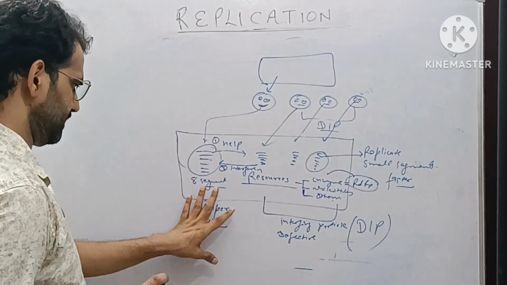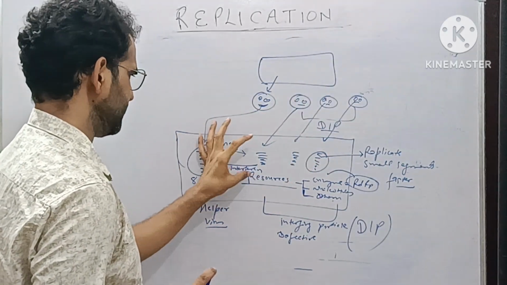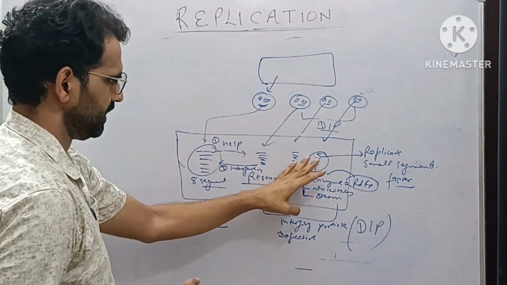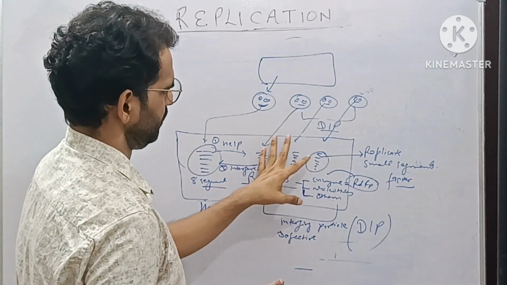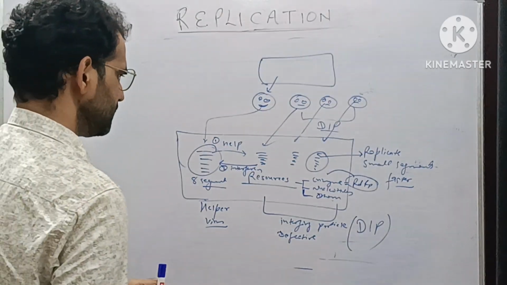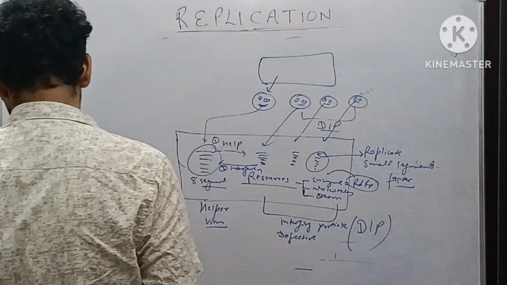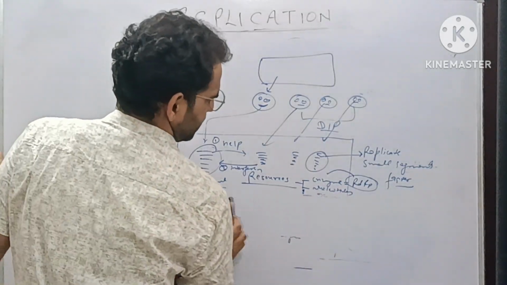And the normal one is the helper. This virus helps these by providing segments for their replication, assembly, packaging and all. So at the molecular level, this occurs with influenza viruses.